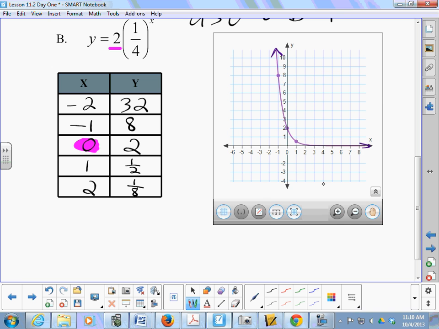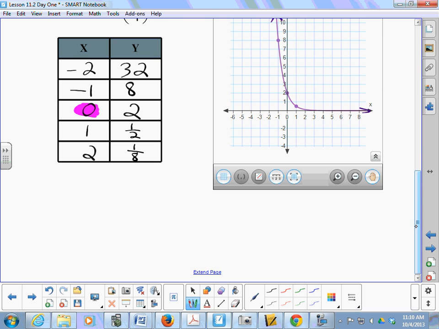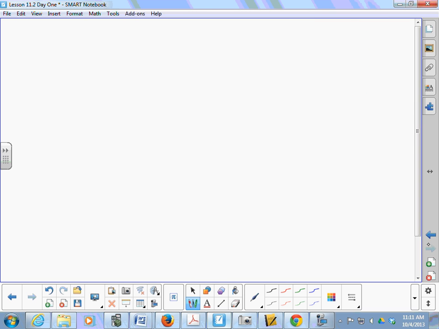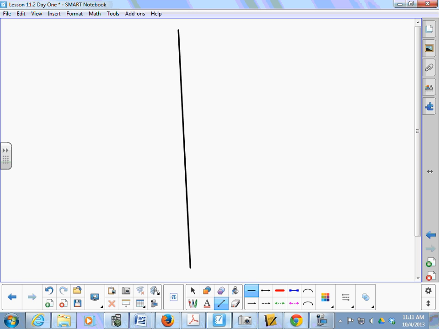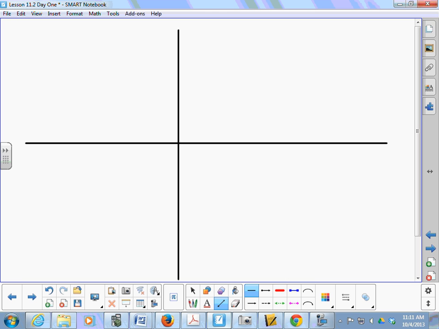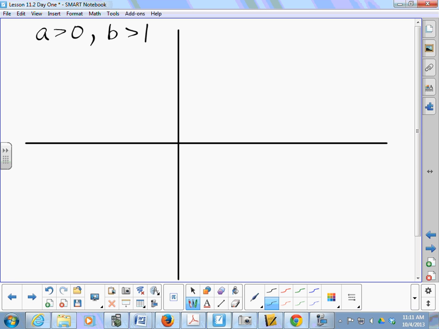All right. So let's see what this one looks like. If we make a table, we've got 4 different things that can happen. A is positive, B is greater than 1.